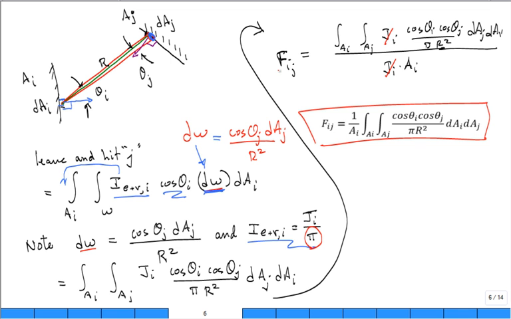The r squared comes from the d omega, and the two cosines come from this cosine distributed nature of the radiation. And so the numerator is put over top of the denominator, the J's cancel, and you get the equation. There's that equation. All right?